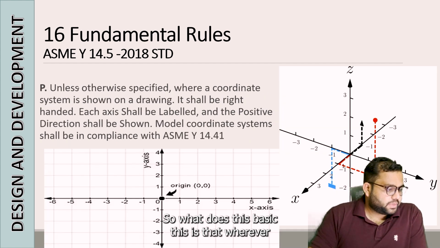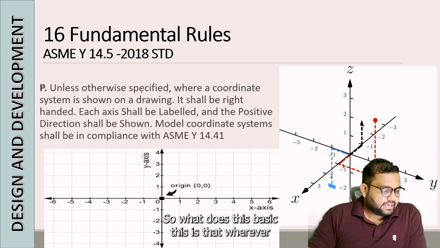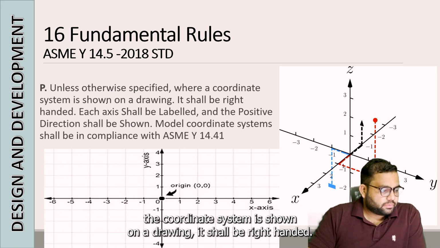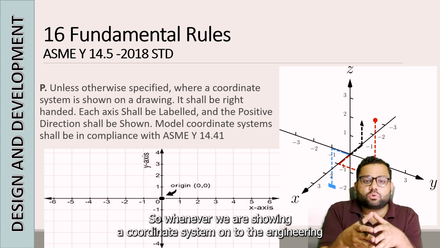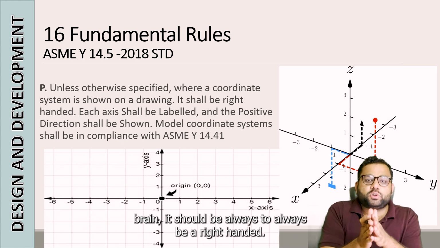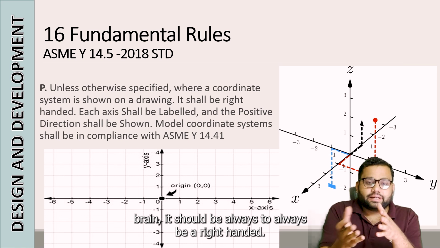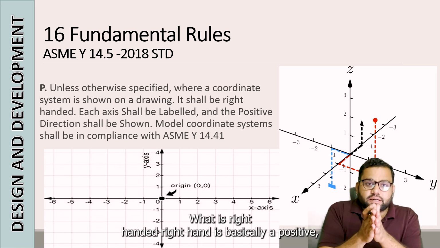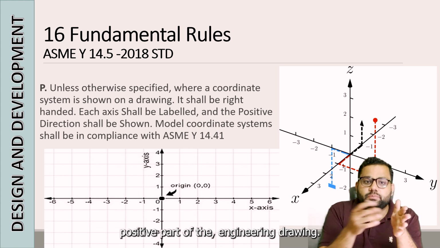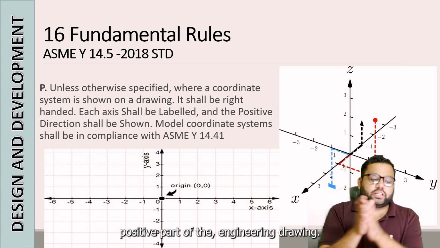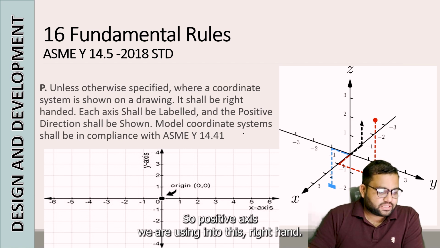Now what this rule says is that wherever the coordinate system is shown on a drawing, it shall be right-handed. So whenever we show a coordinate system on an engineering drawing, it should always be right-handed. What is right-handed? Right-handed uses positive axes.